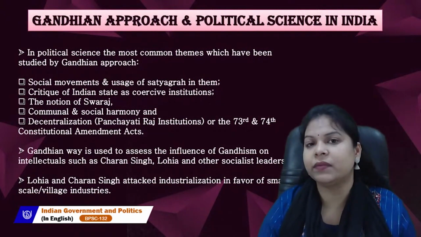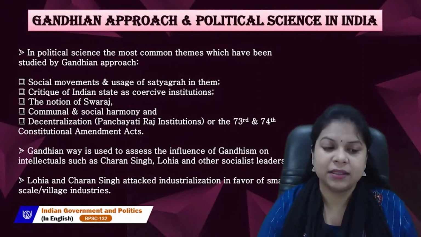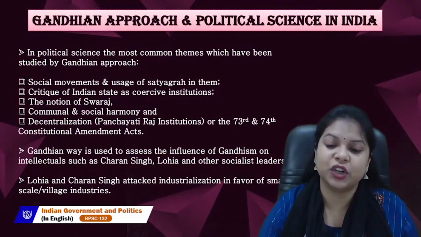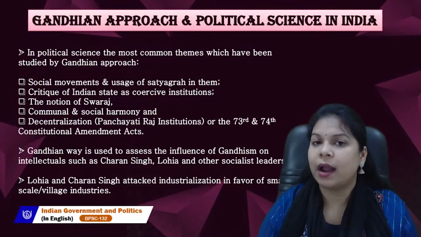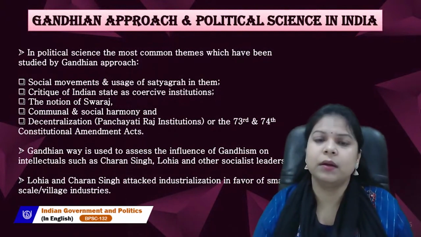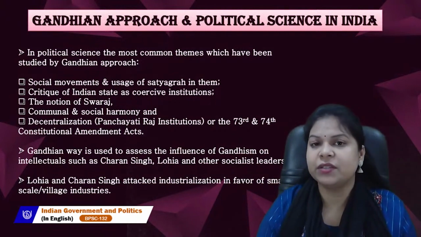So many leaders were influenced by Gandhi's ideas. Lohia and Charan Singh attacked industrialization in favor of small scale or village industry, which Gandhi talks about. He wanted small, village industries to flourish.